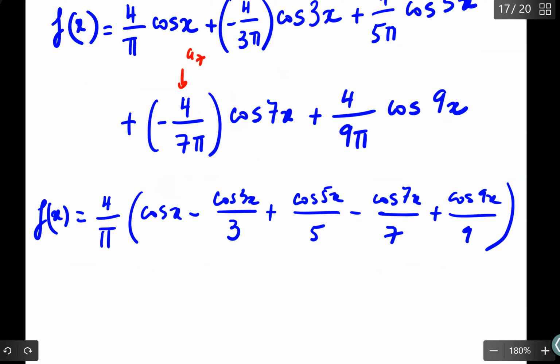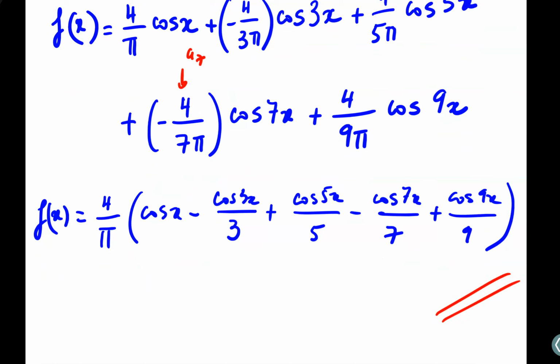Alright, so this is the Fourier series with 5 terms for the square wave that was given to us. That wave actually consists of all the cosine waves. Adding all of them together will give me that square wave.